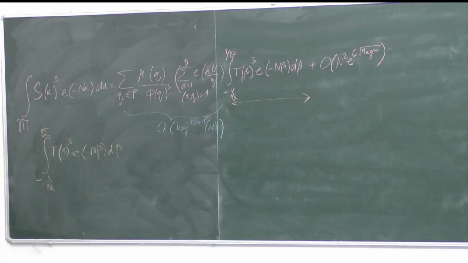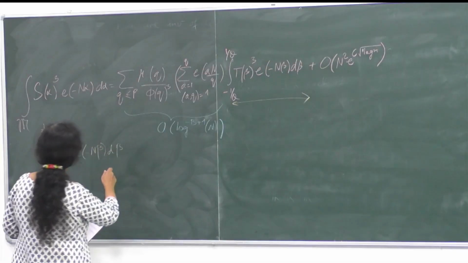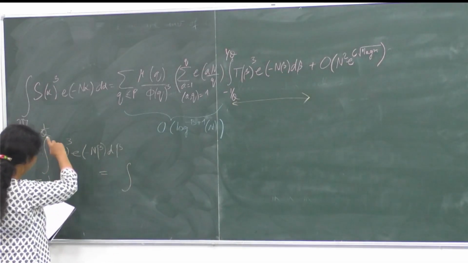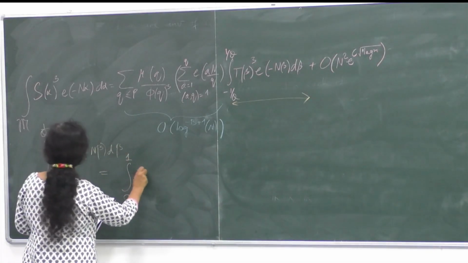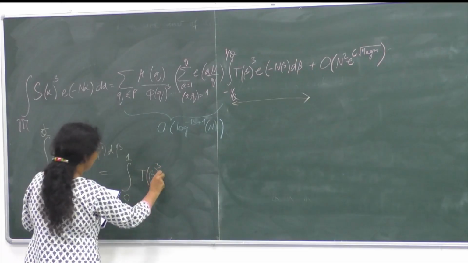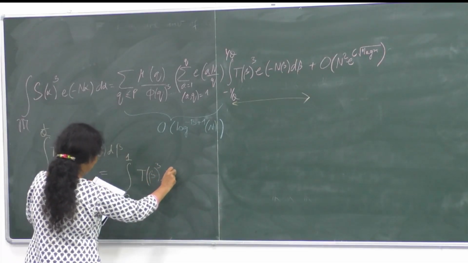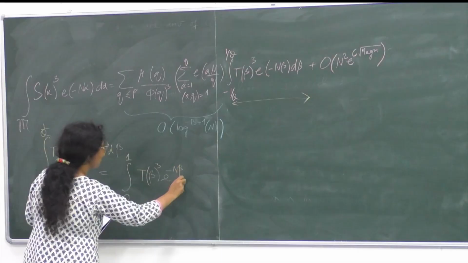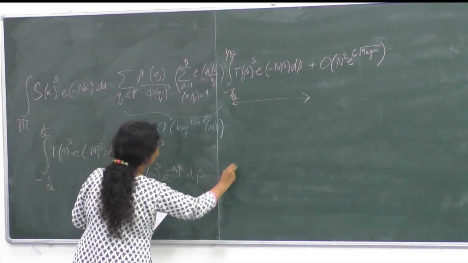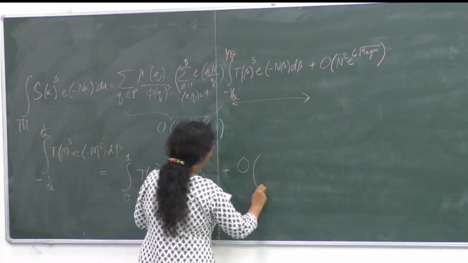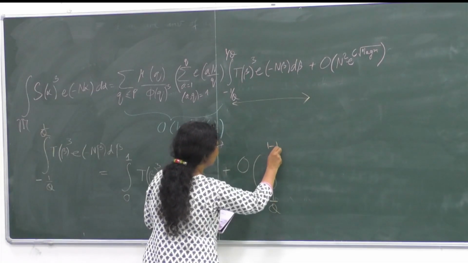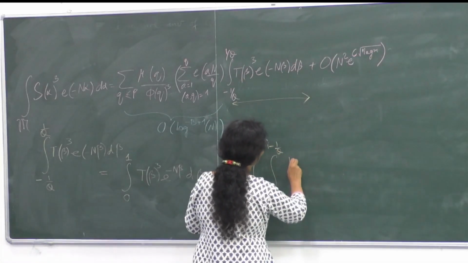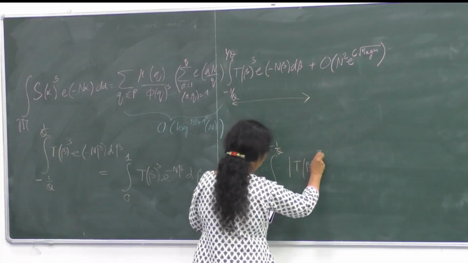Okay. So this can be written as, we can change the minus 1 by q to plus 1 by q, and this is 0 to 1, T beta cube exponential minus n beta d beta, plus I take an error term, big O of 1 by q, the same integral, but now I'm going from 1 by q to 1 minus 1 by q, of T beta cube d beta.